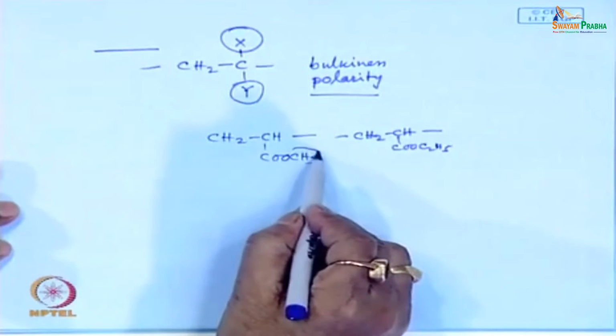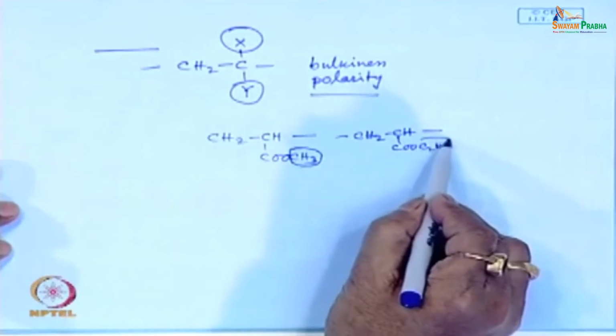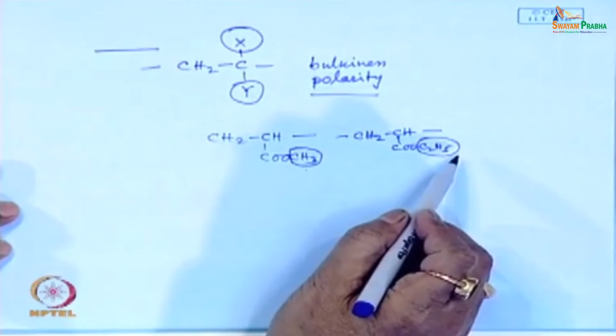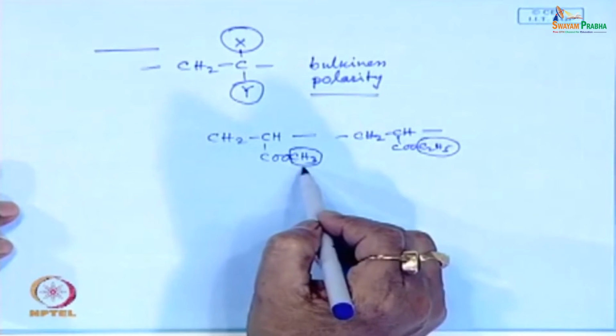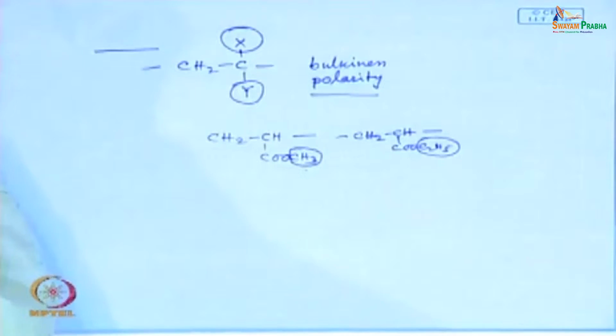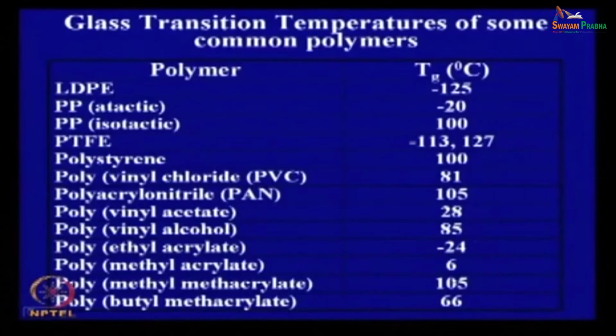You see, this is the methyl group here, this is the difference between these two polymers, methyl and ethyl, and for that, the length of this alkyl group has drastically changed the Tg value from minus 24 to 6 degrees.